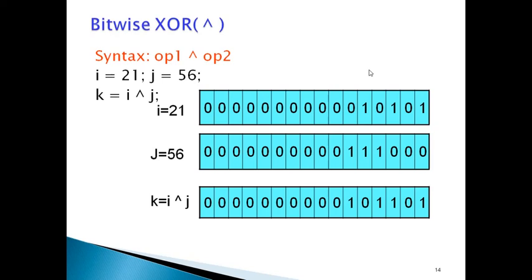Sixth level, 0 XOR 1 returns 1. The remaining bits in i and j are all 0, so it returns all bits 0 only. After performing the XOR operation on i and j, the k value is 45. i value is 21, j value is 56, k value is 45.